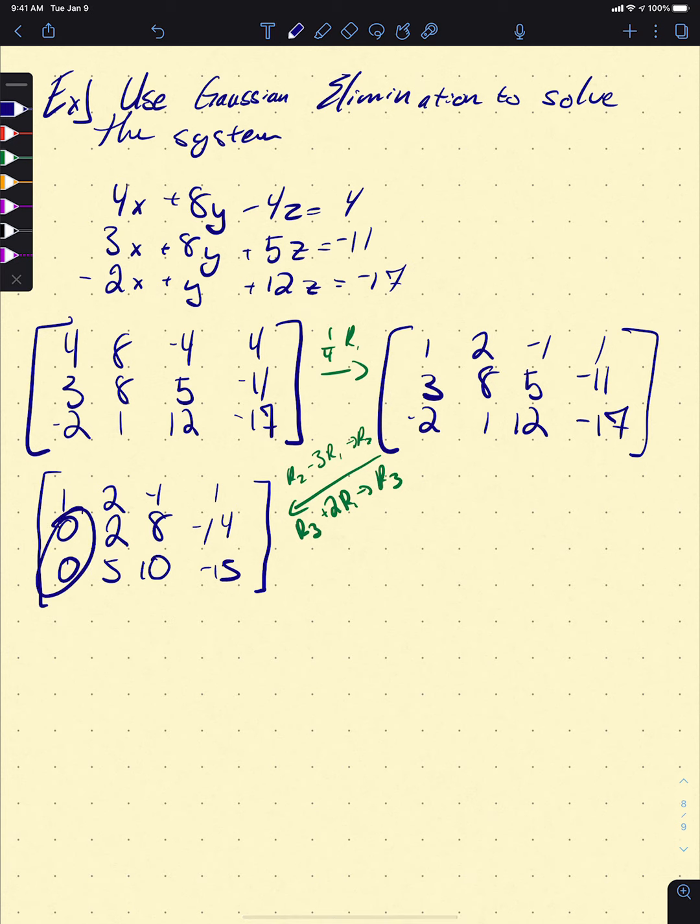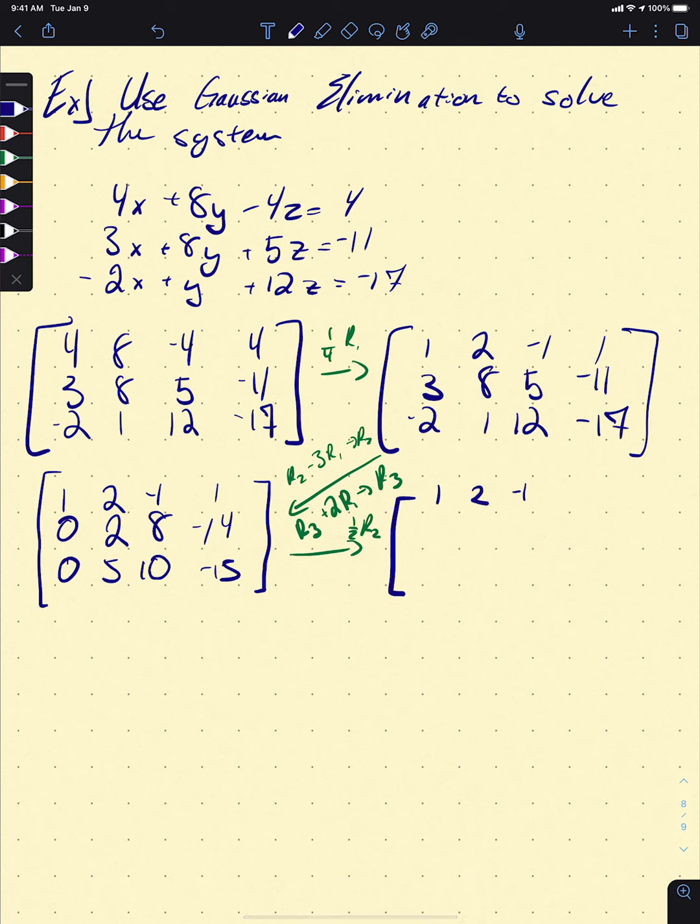Well, so we have these zeros, right? And it looks like the next thing we need to do is make sure that this row follows the right rules, right? For this one, we need our first non-zero entry to be a 1, which right now it's a 2. So what I can do is multiply row 2 by 1/2, right? Then I'm going to get the following matrix, right?